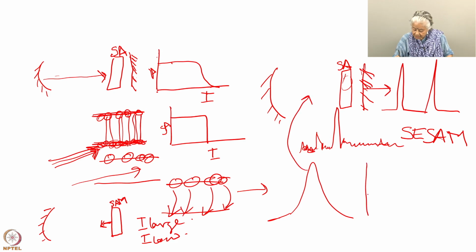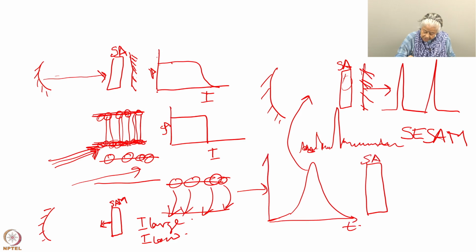Now here is my saturable absorber, SA. This is time and this is my intensity. Now when this part of the pulse comes in, at this time the intensity is low, you can see it is somewhere here.